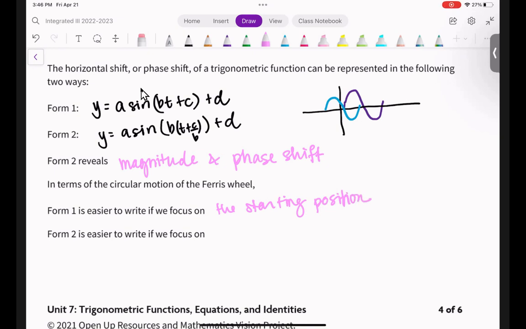But form 2 is easier if we're talking about the timing of the rider relative to when they pass the zero. Does that make sense? So here we're talking about starting position versus here we're talking about the timing of when the rider passed the A or zero position.